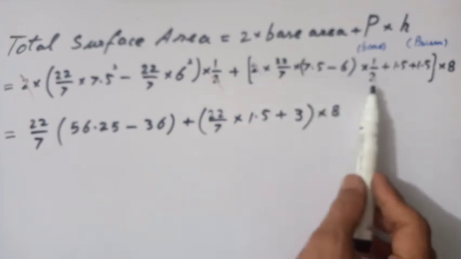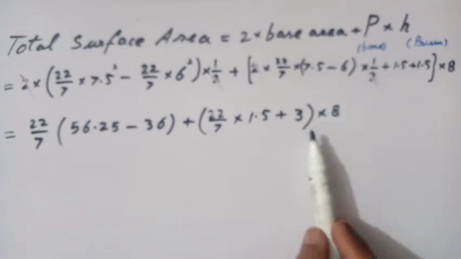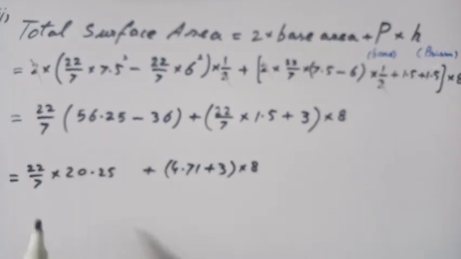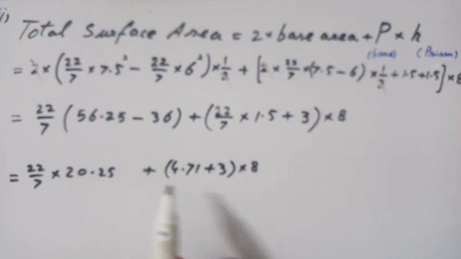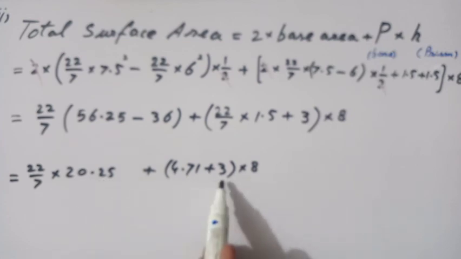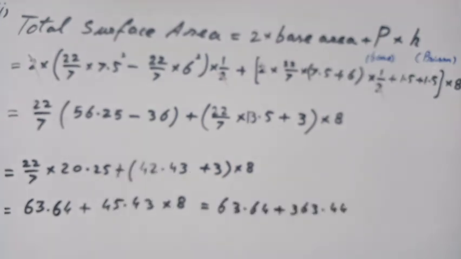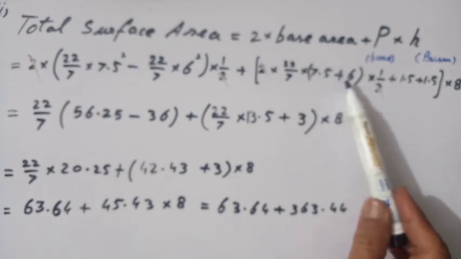ये डबल और ये हाफ आपस में कैंसिल आउट हो गए 2 के साथ, multiplied by height of the prism. Pi multiplied by 20.25 plus this will become 7.71 multiplied by 8. Now 63.64 plus 61.68. Excuse me, over here instead of minus it should be plus.